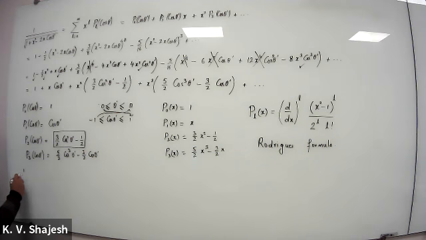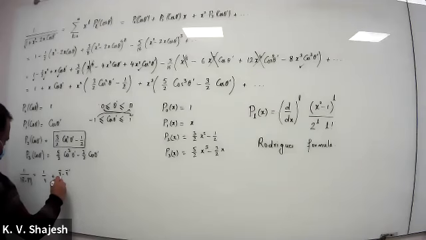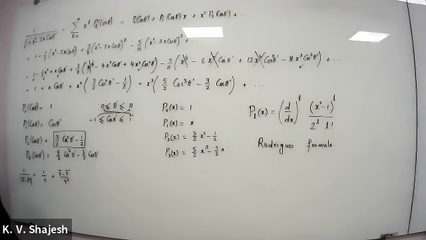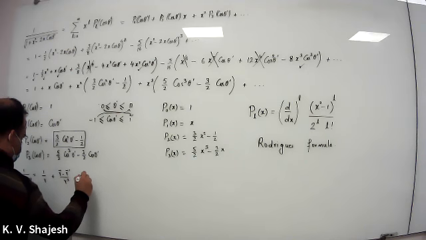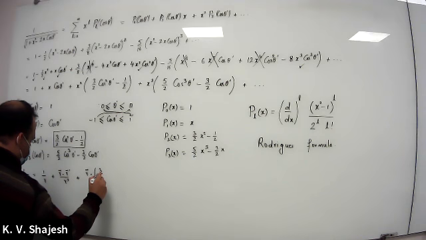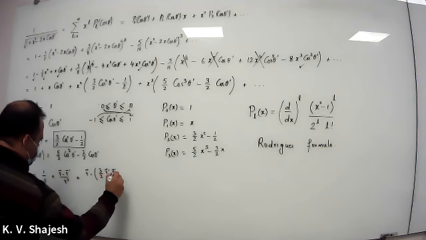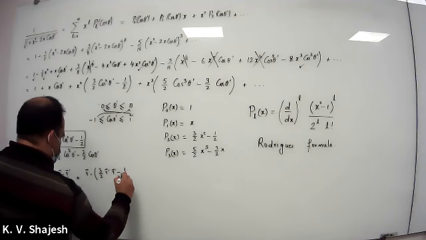So 1 over |r minus r prime|. Let's write it again. This was 1 over r, Q over r if you want, plus r dotted with r prime over r cubed, plus r dotted with 3 by 2 r prime minus 1.